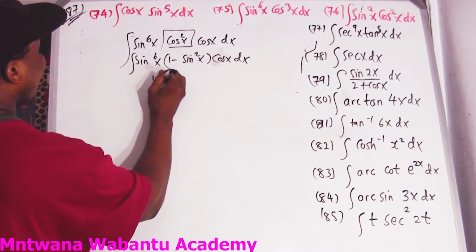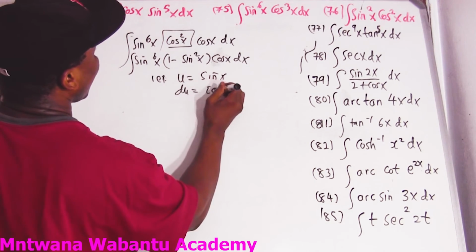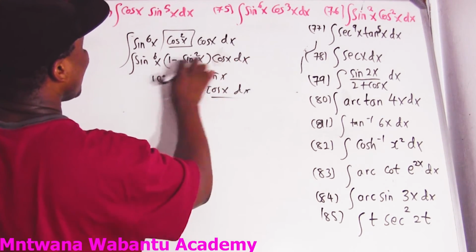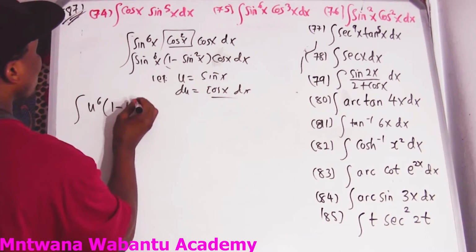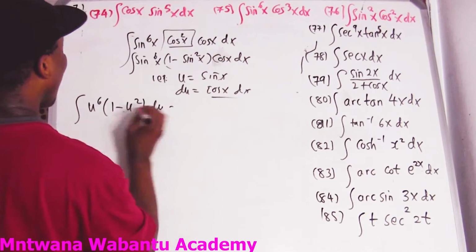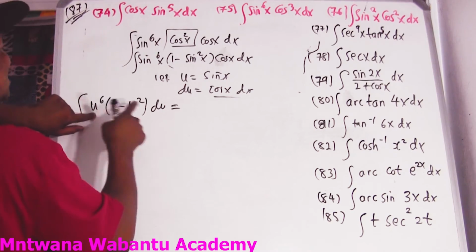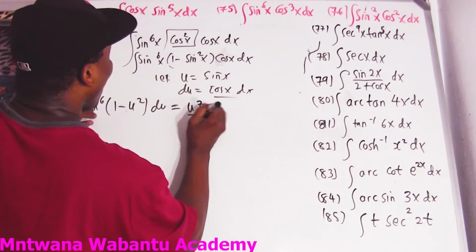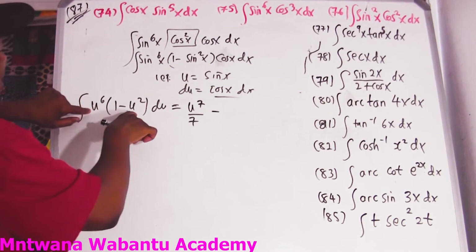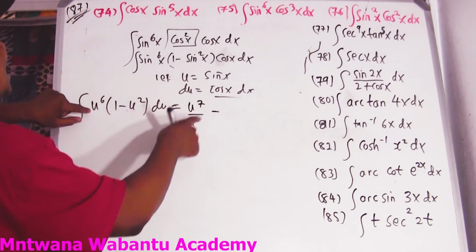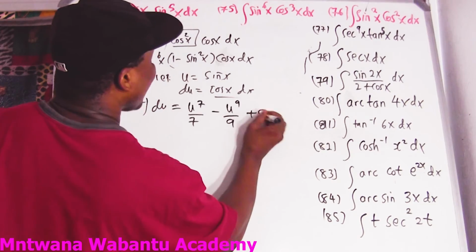If I let, like I did before, u equal sine x, then du equals cos x dx. So everything becomes u: the integral of u power 6 times 1 minus u square, du. Multiplying out, u times u6 is u6 and u6 times u square, because you add the powers of the same base, gives u8. Integrating, you add 1: u7 over 7 minus u9 over 9 plus a constant, because there's no limit.